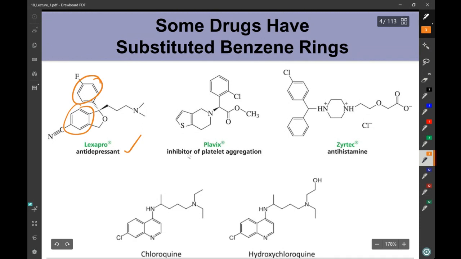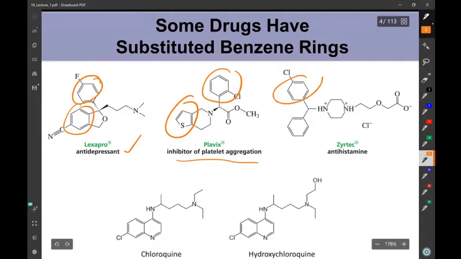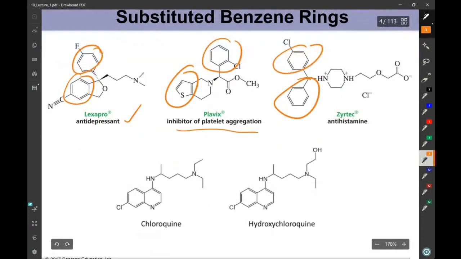If you look at inhibitors of platelet aggregation, meaning those that help dilute your blood, you will always see those kinds of aromatic molecules in there. Antihistamines for those who have allergies, you also have in those things out there.